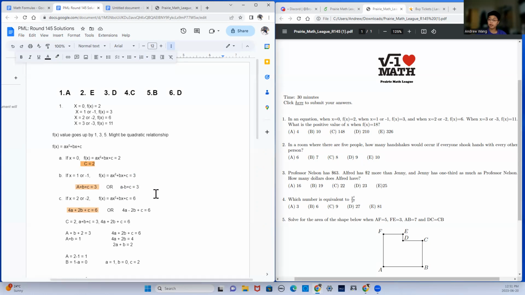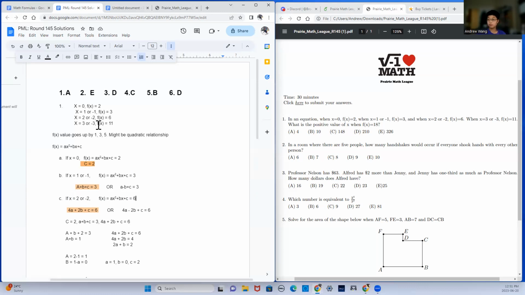Now let's try and find one more formula, since we have 3 unknowns, and therefore we will need at least 3 equations to find the unknowns. So if x equals 2 or -2, the function of x is the same formula, ax squared plus bx plus c, but equal to 6 now.